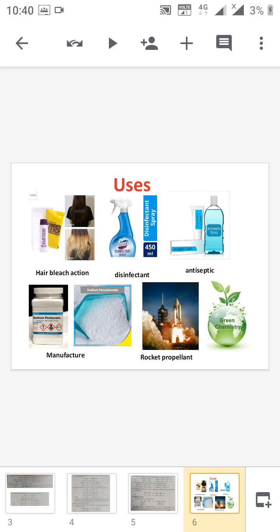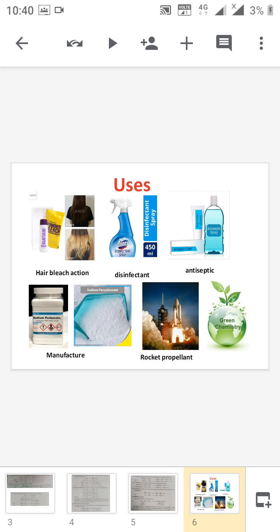Next are some of the uses of hydrogen peroxide. It is used as a hair bleach and for bleaching fiber, cloth, paper pulp, leather, oil, fat, textile and so on. It acts as a disinfectant and an antiseptic, and it is used in the manufacture of sodium perborate and sodium percarbonate.